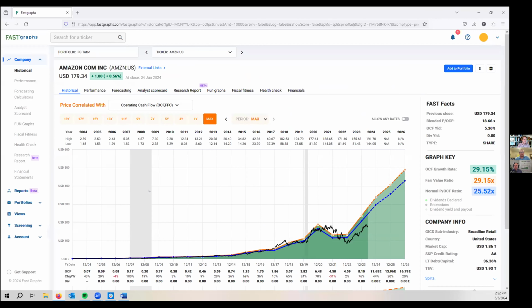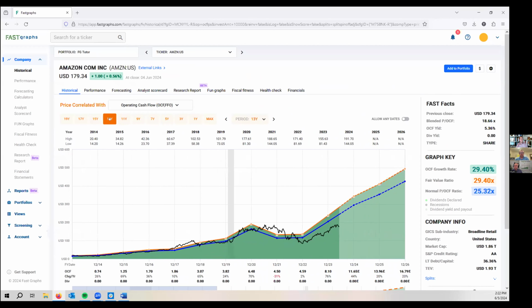So if I look at something like operating cash flow for Amazon, now the black line, the price line, has tracked the orange and blue lines fairly closely over the history of this stock. So something like operating cash flow for Amazon seems to, at least in the past, have explained things a little bit better. Amazon's another one of these companies where we've got to be a little bit mindful of the time horizon.